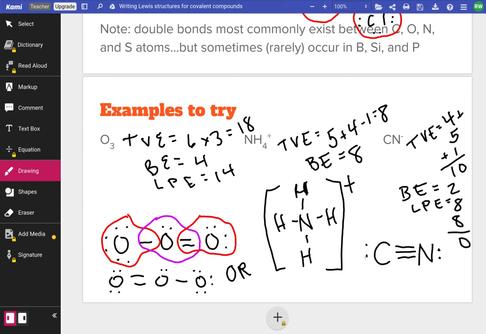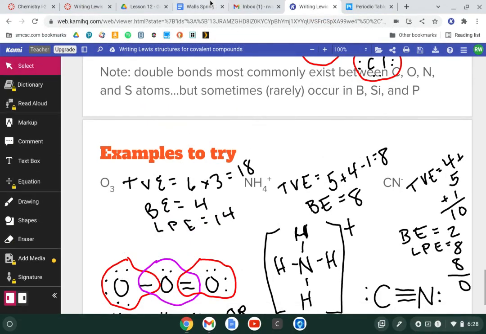And now the carbon has 2, 4, 6, 8, so that it's following the octet rule. This nitrogen has 2, 4, 6, 8 electrons. Okay. So I know at first this is a little tricky. Like I said, we're going to do lots of examples, and I'm going to give you some to try for homework. That's it, guys.